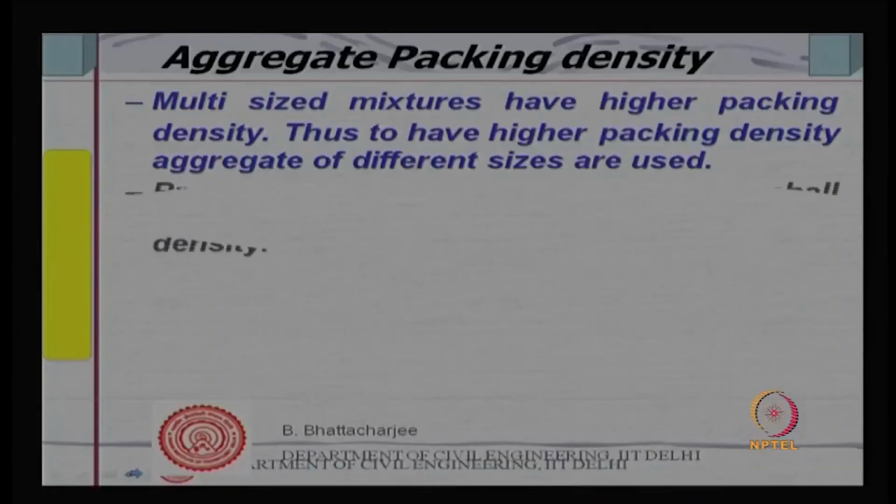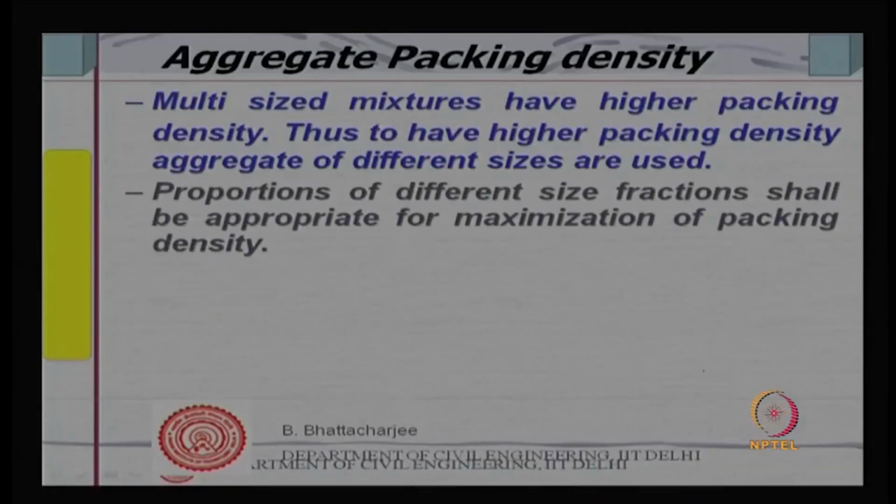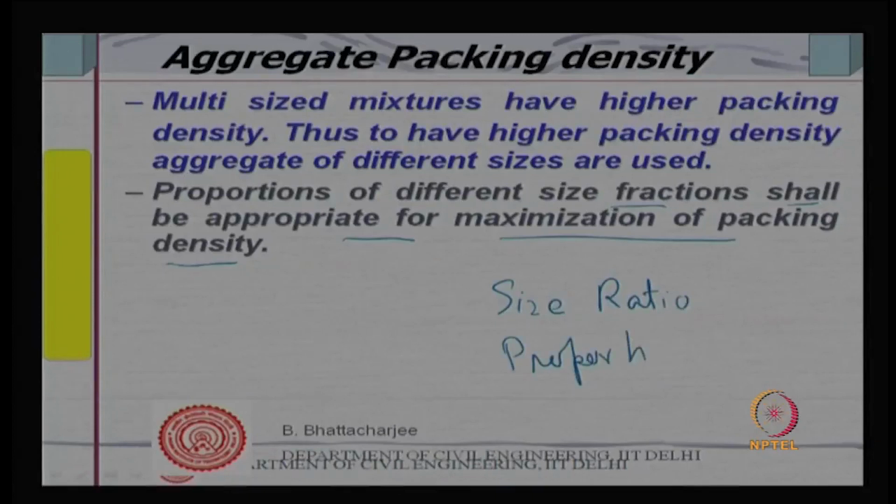Hence, your paste content will be less. Not only that, proportions of different size fractions shall be appropriate for maximization of packing density. So, size ratio is one important issue, and proportions are another important issue.